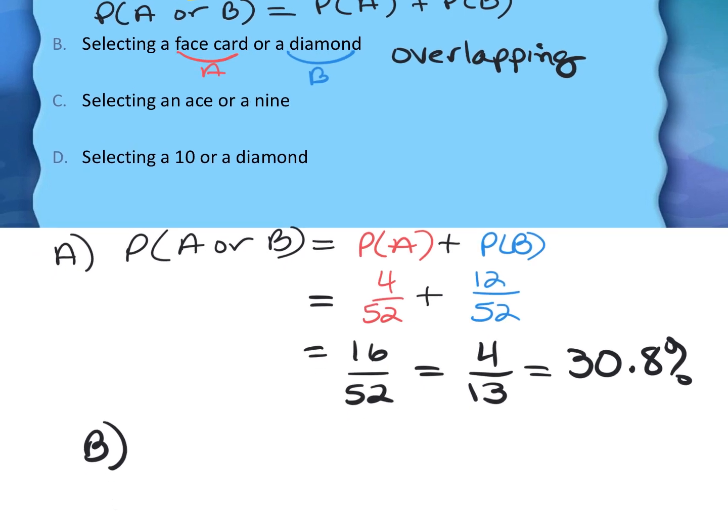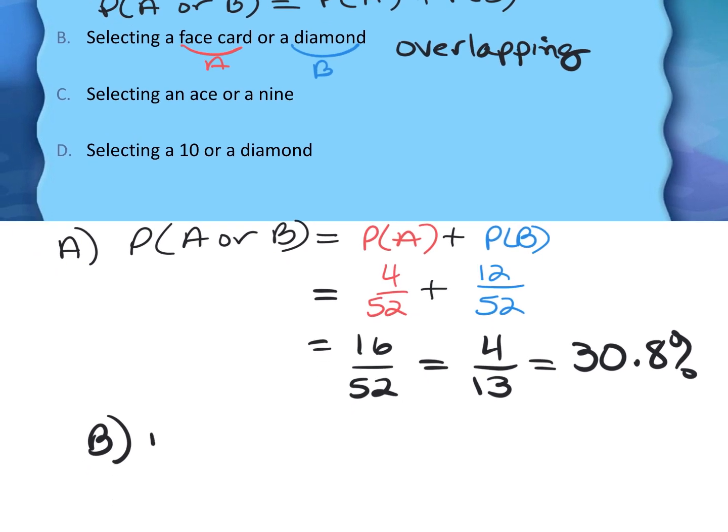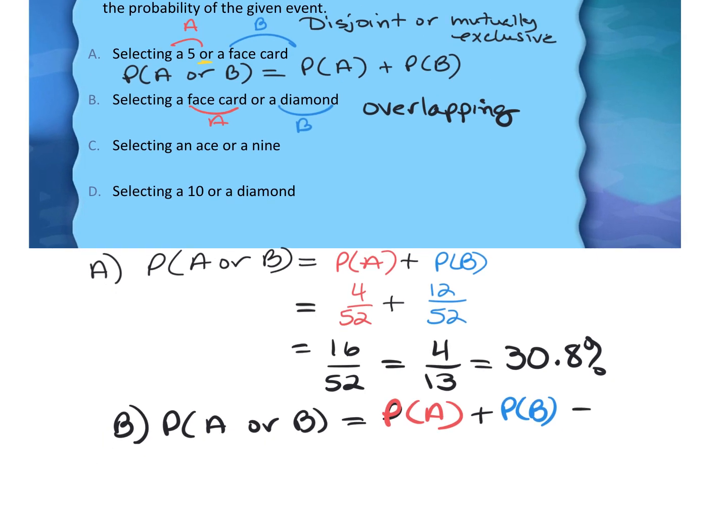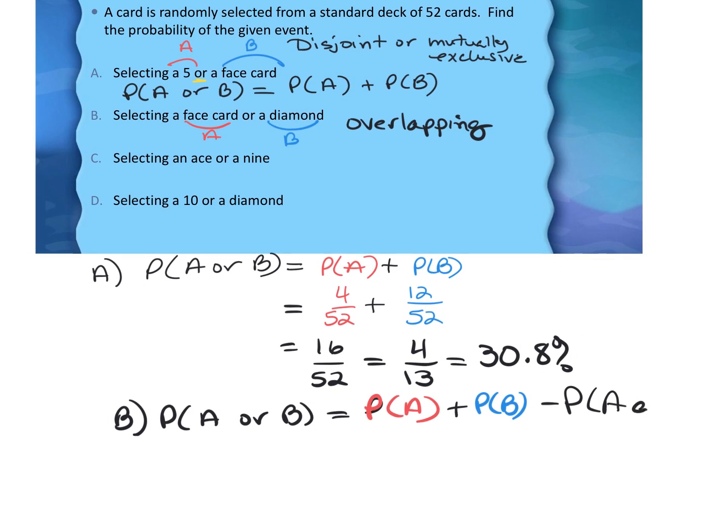The way that I would set up my formula, the probability of A or B, when it's overlapping, you're doing the probability of A plus the probability of B, subtracting the overlap. And that'll be A and B happening at the same time.